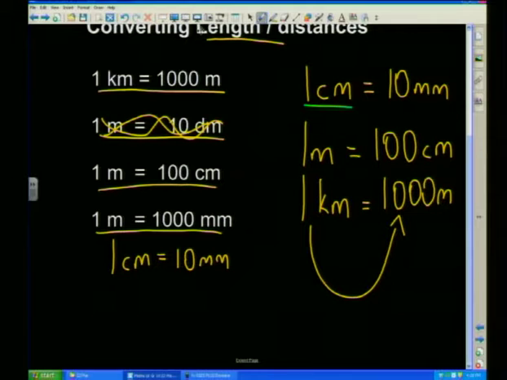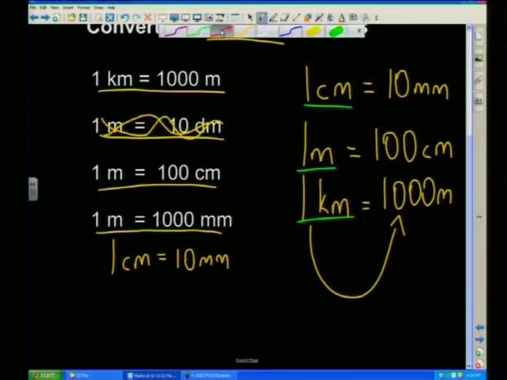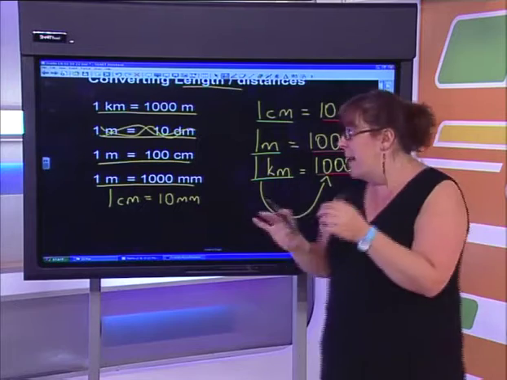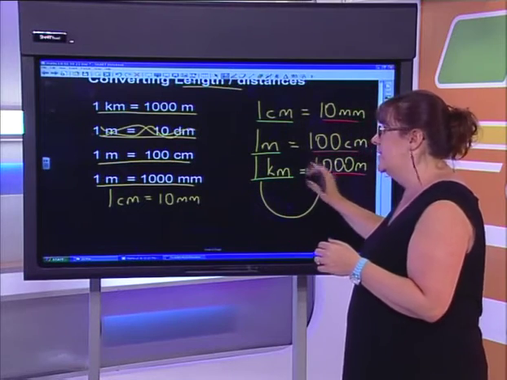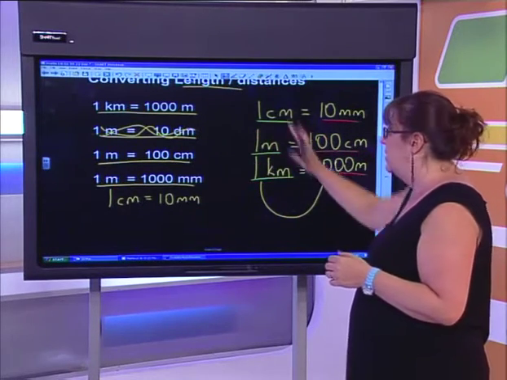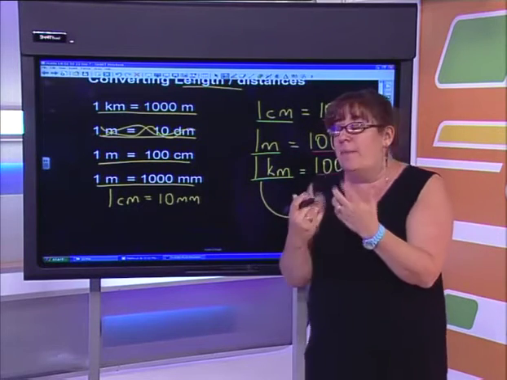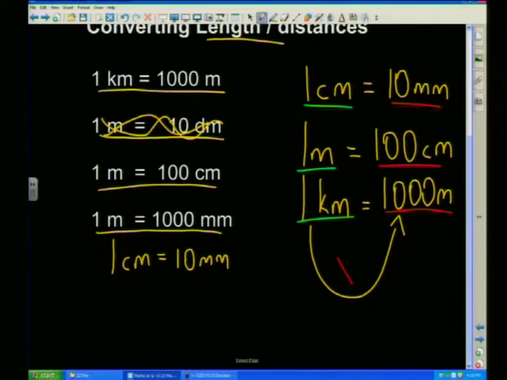So if I go from the green to the, let's try red, to the red. If I go from green to red, what am I doing with my number? My number 1 becomes 1,000. My number 1 here becomes 100. My number 1 there becomes 10. I'm making it bigger. And how do I make it bigger? I times.